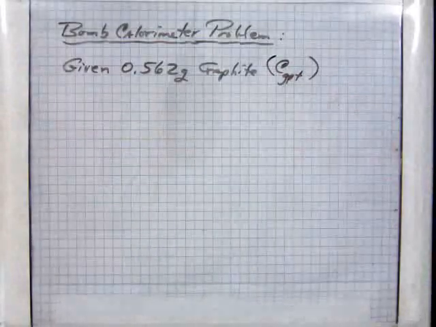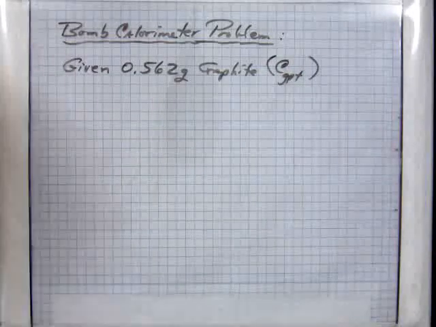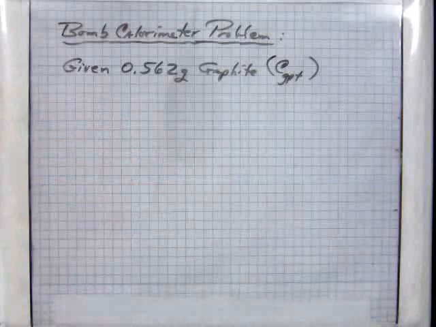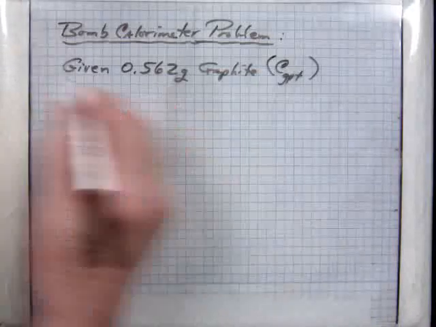And it's placed in a bomb calorimeter at temperature 1 of 25 degrees. And let's see. Okay, here's the calorimeter constant.